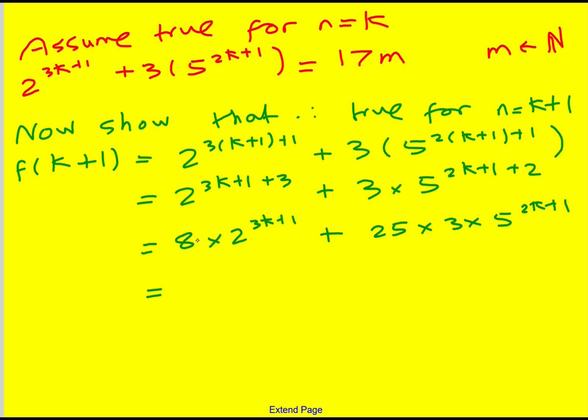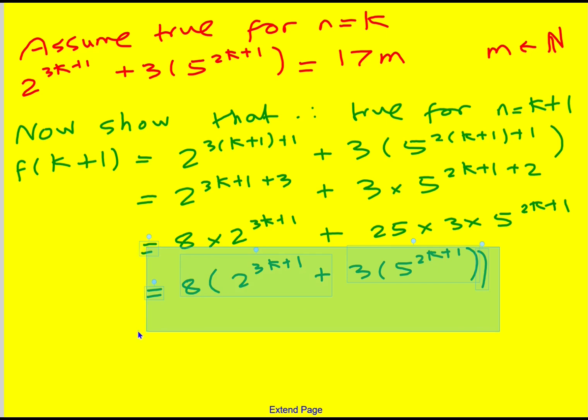Now let's factorize out the 8 lots of each. So it would be 8 lots of 2 to the 3k plus 1 plus 3, 5 to the 2k plus 1. And the reason I've done this is that I know that inside the bracket is a multiple of 17.